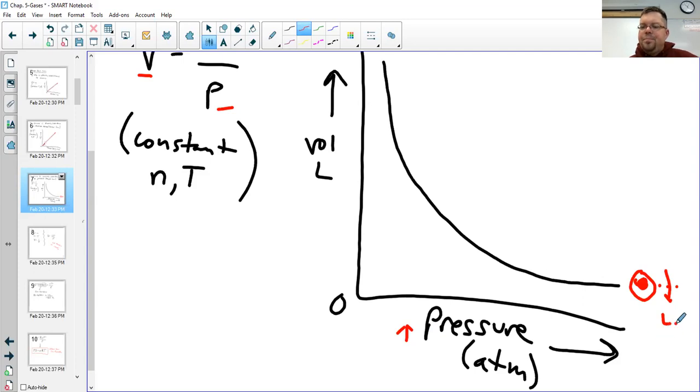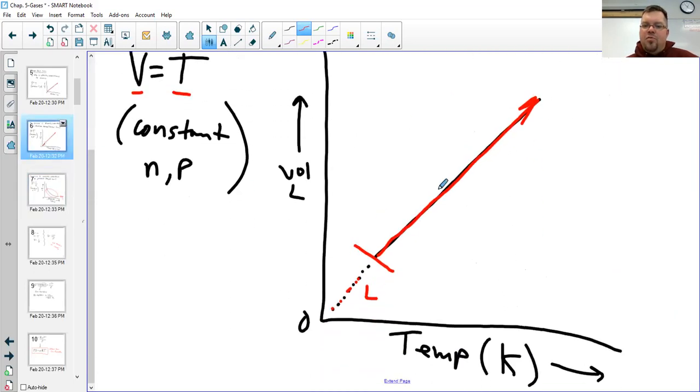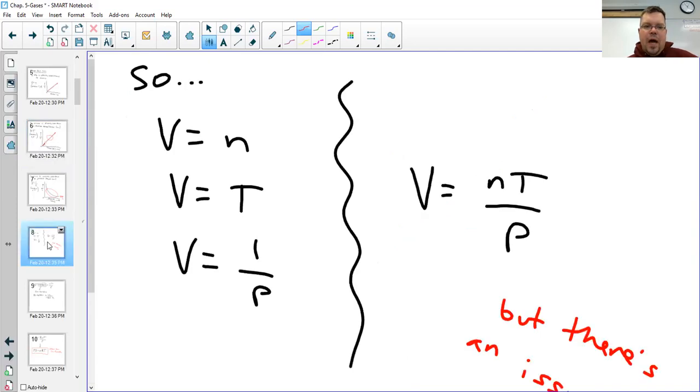So the ideal gas law doesn't work at extremely high pressures because gases start to change phase from a gas to a liquid. When we're talking about the ideal gas law, we need to be talking about pressures that are sort of in this area. Going back a slide, we're talking about temperatures that are sort of in this area. For extremely low temperatures, the ideal gas law doesn't work.